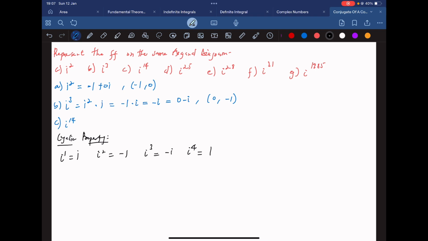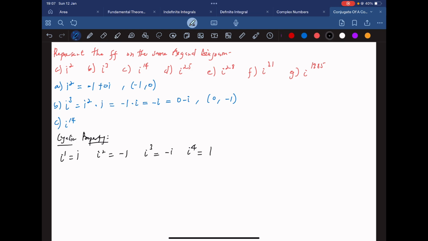So if we move on to i exponent of 5, what do we get? Remember, i exponent of 5 is the same as writing i exponent 4 times i. i exponent 4 is +1, multiplying that by i, we just have i. So we see it goes back to this right here. So what this states is that whenever we get to i exponent of 4, it moves back.